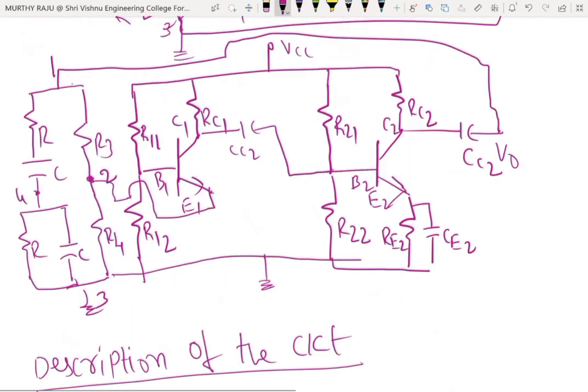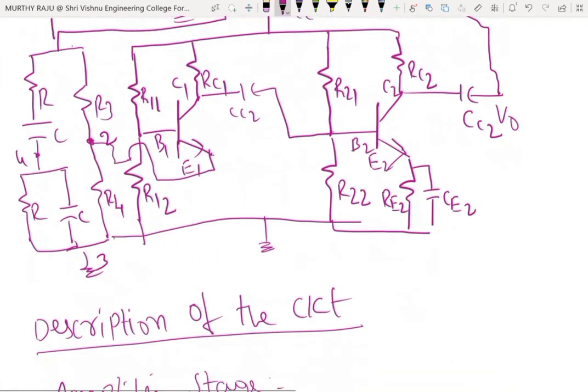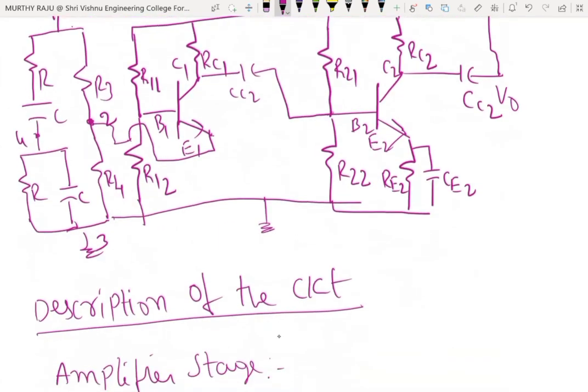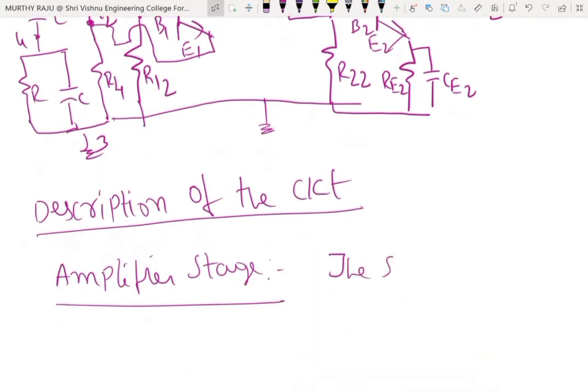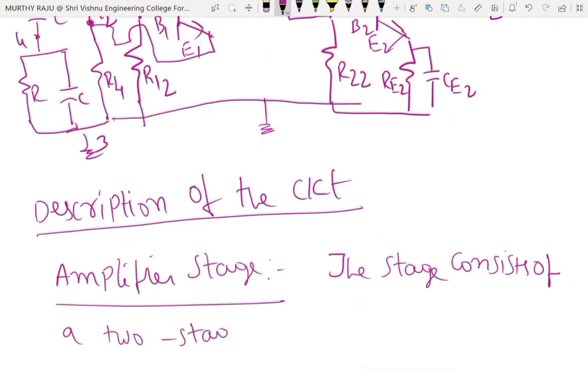Generally, the amplifier stage consists of a two-stage RC coupled amplifier.